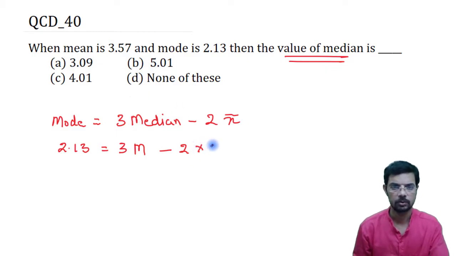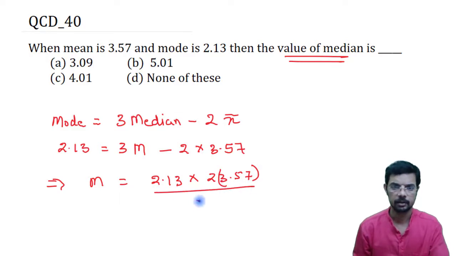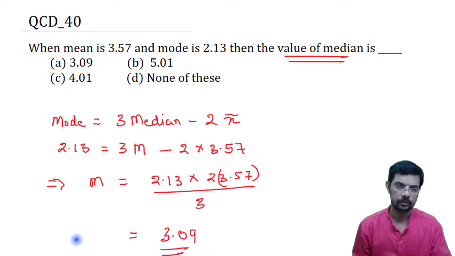Therefore the median is equal to 2.13 plus 2 times 3.57 divided by 3. By calculation, we get 3.09. That is your median. So 3.09, option A, is the correct answer.